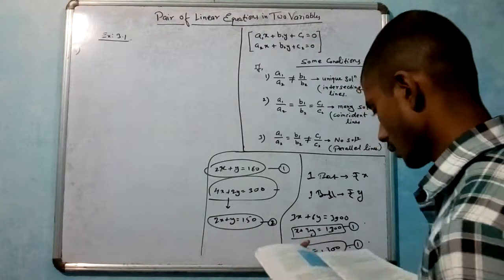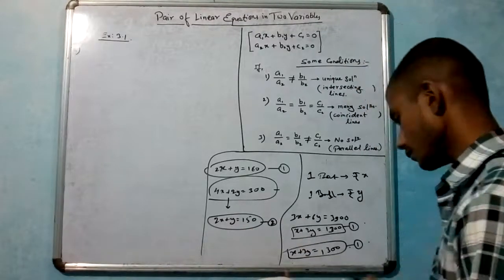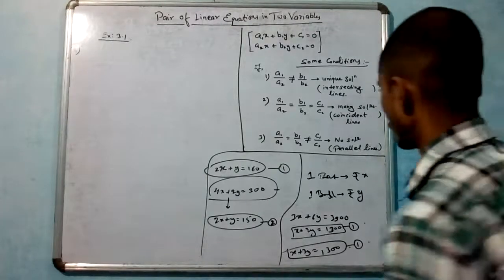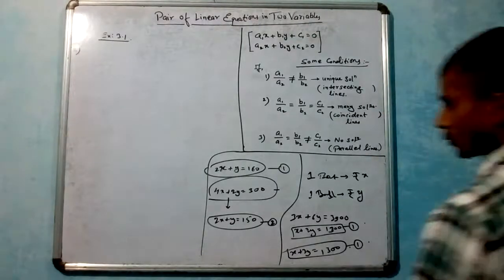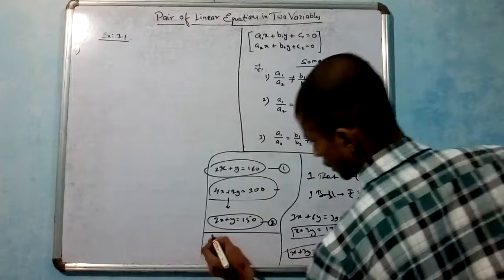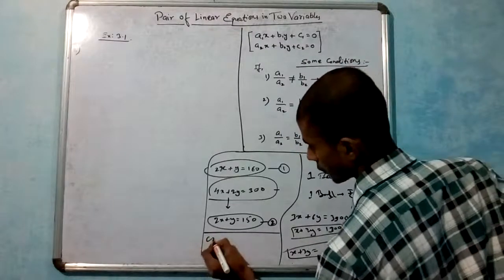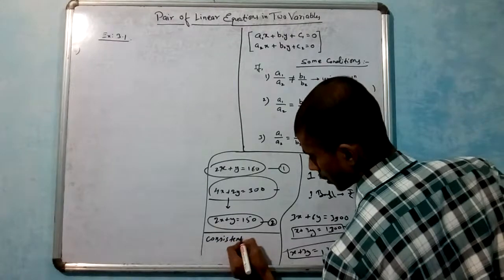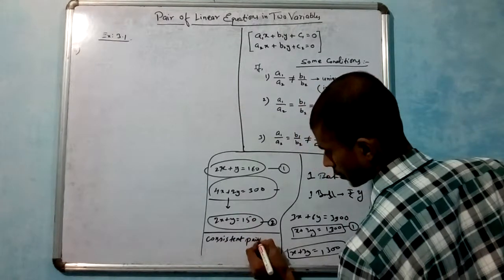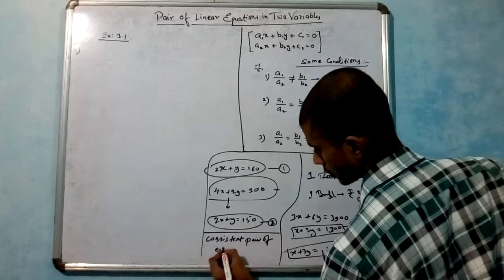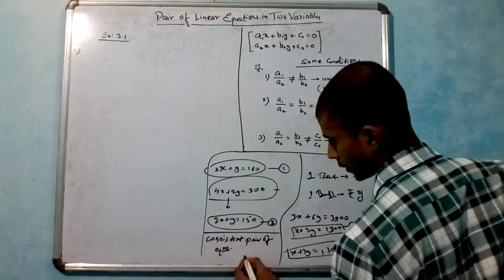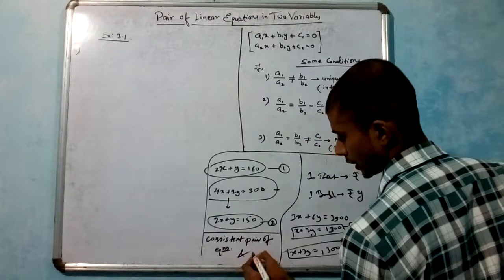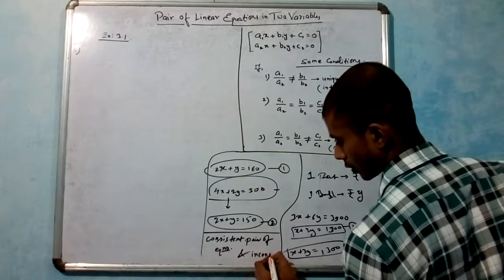Fine, correct. Exercise 3.2. What is that term? Consistent pair of equations and inconsistent pair of equations. Consistent pair of equations, and just opposite of that, inconsistent pair of equations.